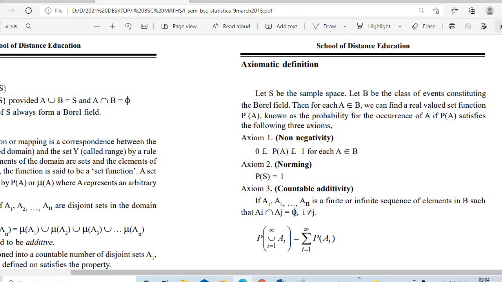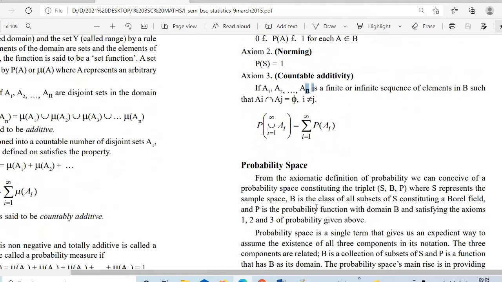Then if A1, A2, etc. is an infinite sequence of elements in B such that Ai intersection Aj equals the null set, then the probability of the union i from 1 to infinity of Ai equals the summation i from 1 to infinity of P of Ai. This is the countable additivity property.